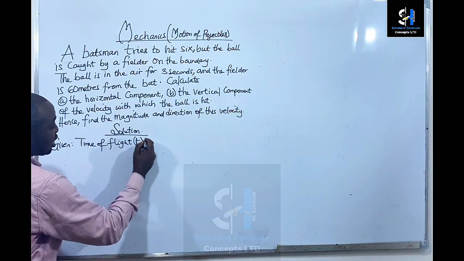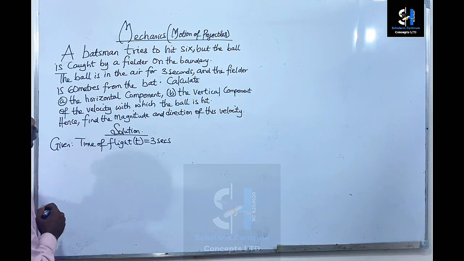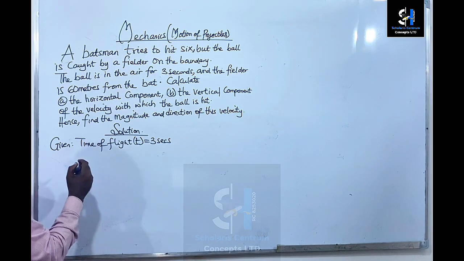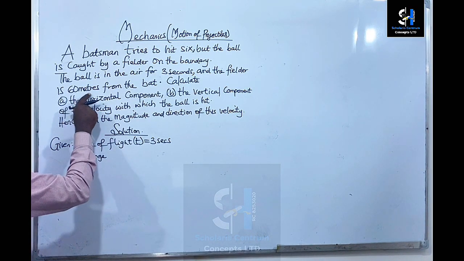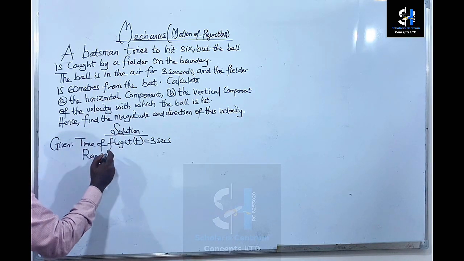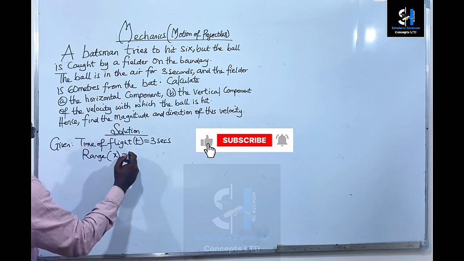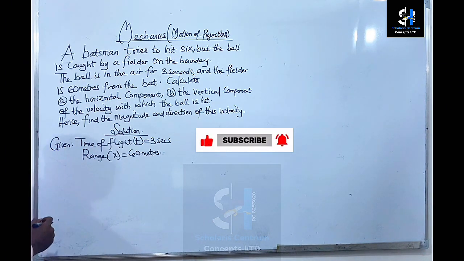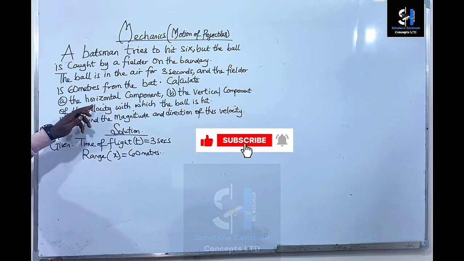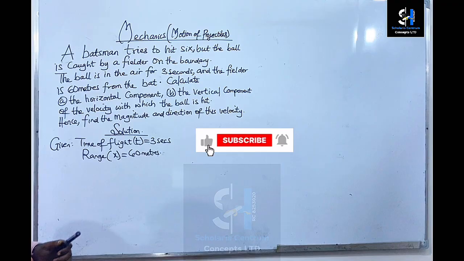So the time of flight will be 3 seconds. Then also we are given the range, which is the distance 60 meters from the bat. Let's put the range as x, and that will be 60 meters.